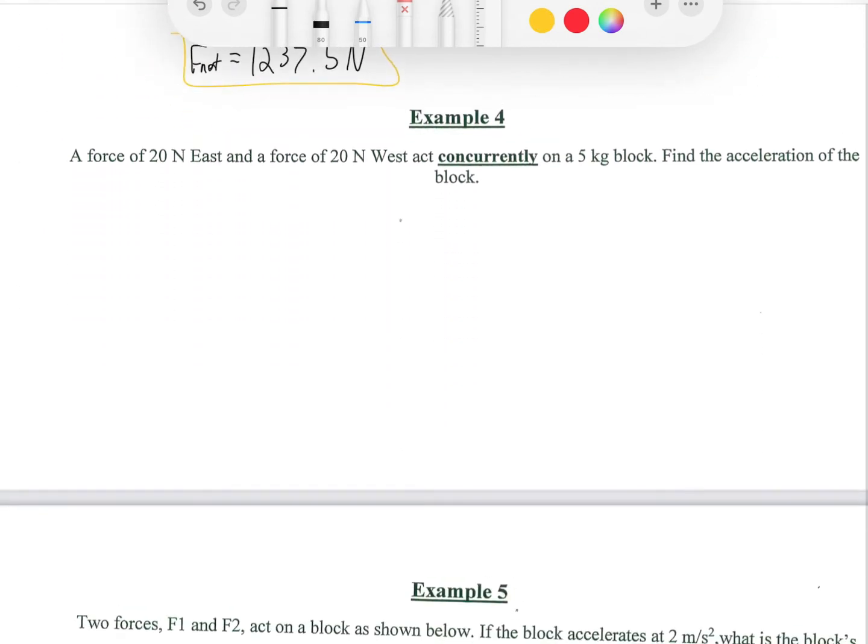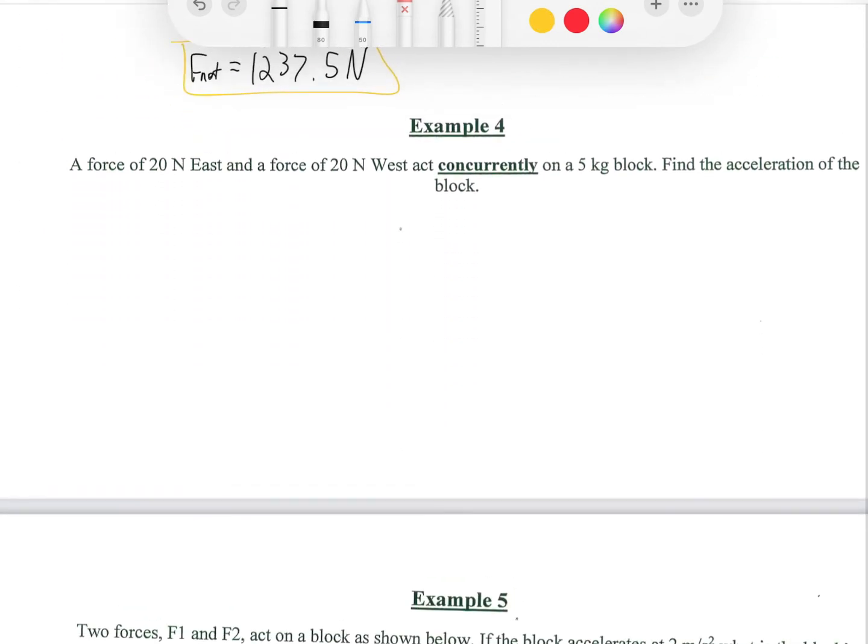All right, let's take a look at another example. A force of 20 newtons east and a force of 20 newtons west act concurrently, which means they're acting at the same time, on a 5 kilogram block. Find the acceleration of the block.